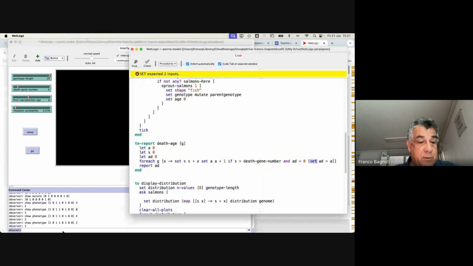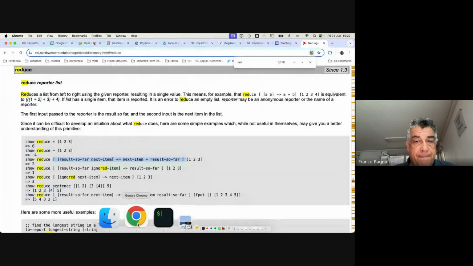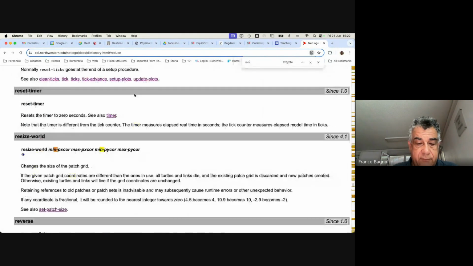Let me see if this works. Check. Set export. Set ad a. Check. Rather n values. N values was not like this. N values.